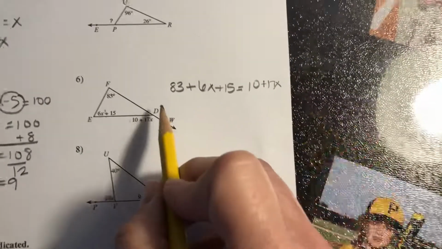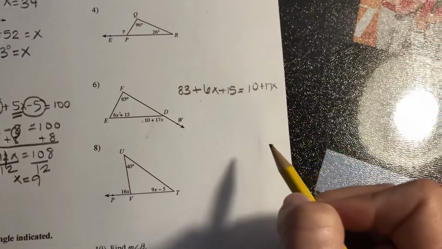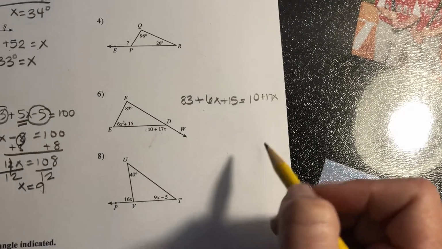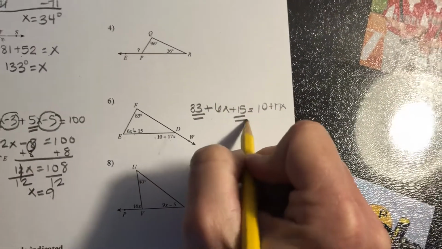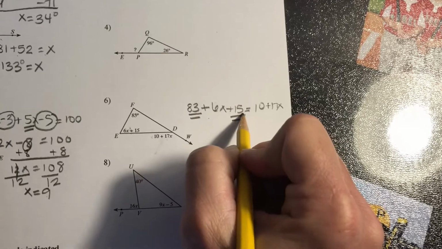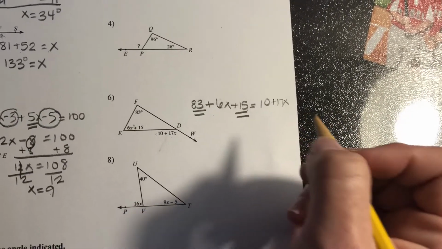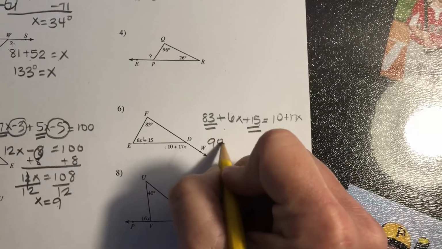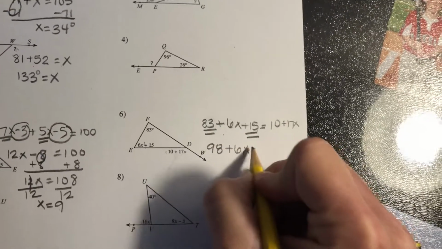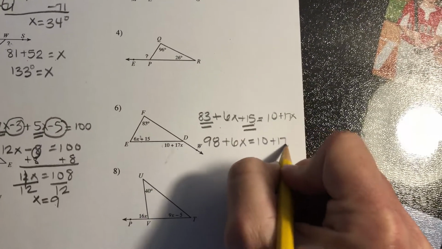I have variables on both sides. Remember, you need to get all your variables to one side, all your constants to the other. Before that, I need to combine my like terms. My 83 and my 15 are constants. They're like terms. We need to combine them. So 83 and 15 is 98. So 98 plus 6x equals 10 plus 17x.